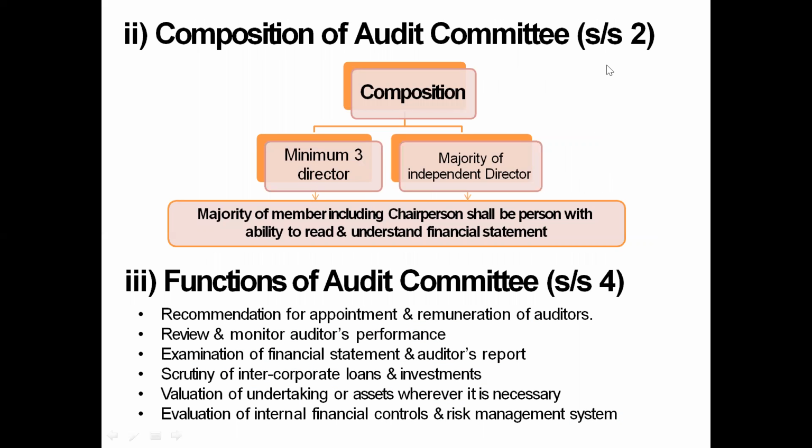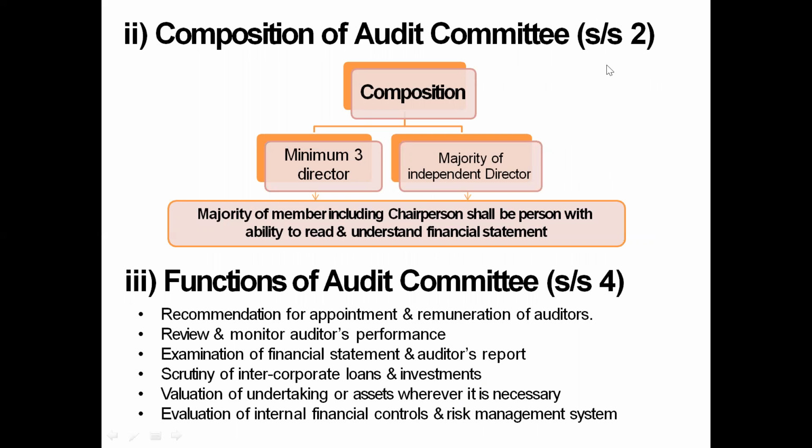What is the composition? First is minimum three directors and majority of independent directors. Majority of members, including the chairperson, shall be persons with the ability to read and understand financial statements.